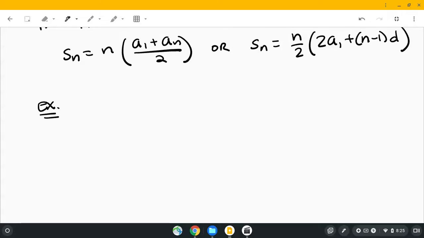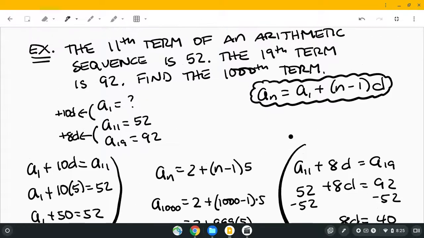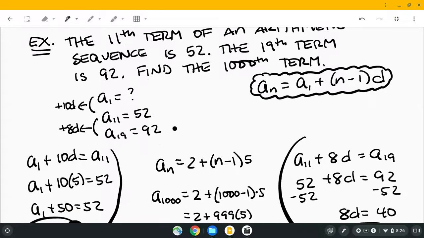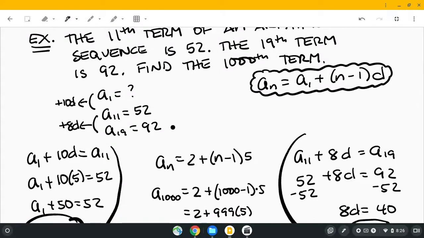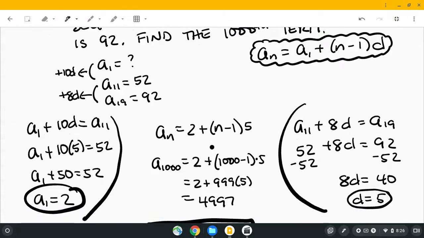I would say the previous example, this one is probably the more complex of the problems that we've looked at here in this section. Again, there's another way to do this as well, which uses systems of equations. You can take a look at that in the book. But to me, this makes sense. I added d 8 times to go from the 11th to the 19th term.